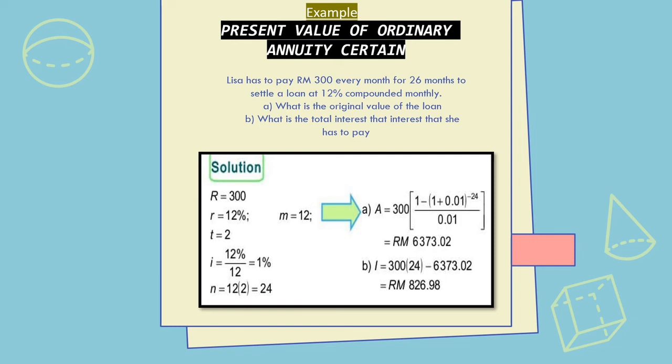So for the first question, what is the original value of the loan? Use the formula of the present value that I have taught you before in the previous slide.